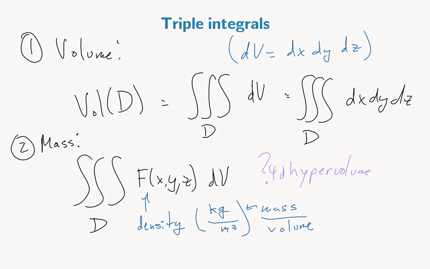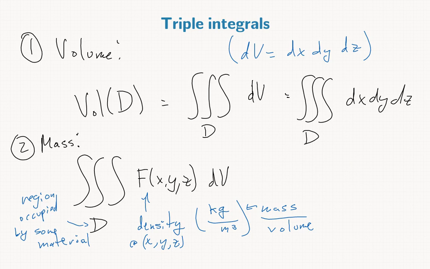So if D is the region occupied by some material, some physical object X, and f(x, y, z) gives the density at (x, y, z), then instead of thinking of this as hypervolume, this will be the mass.